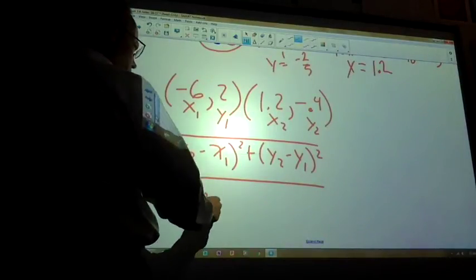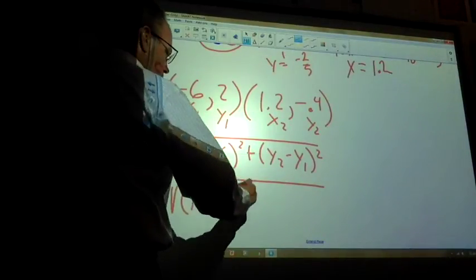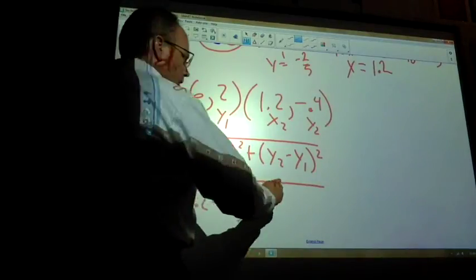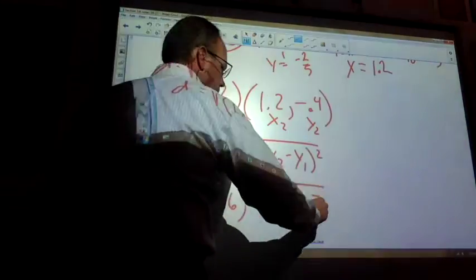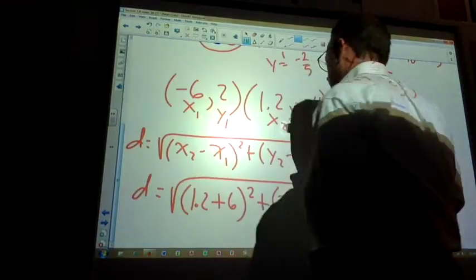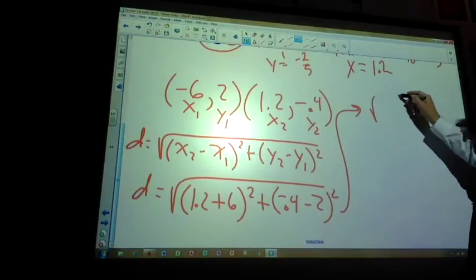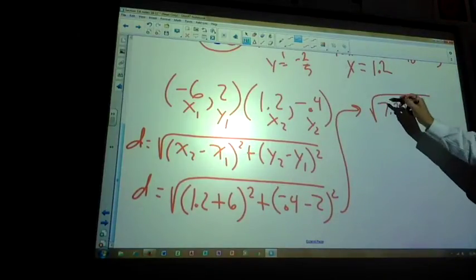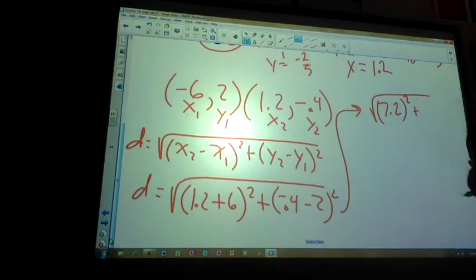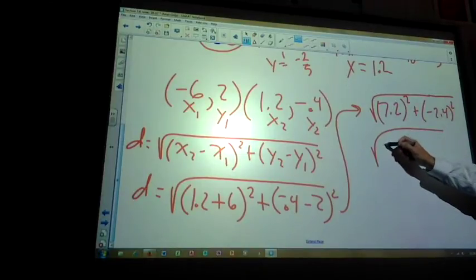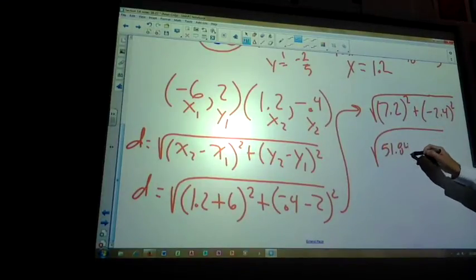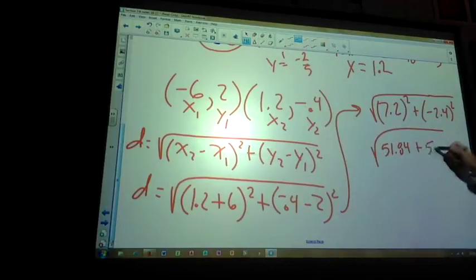Let's see. 1.2 minus negative 6, that's plus 6, squared, plus y2 is negative 0.4 minus 2, squared. I need help in more than one way. 7.2 squared plus negative 2.4 squared. So what did you get here? 51.84 plus 5.76.